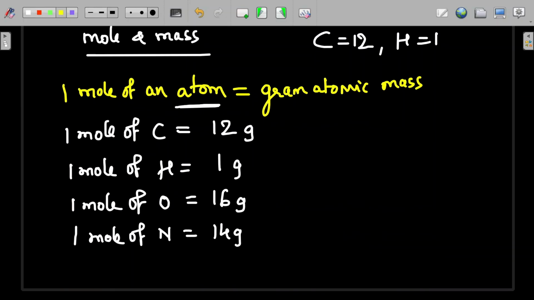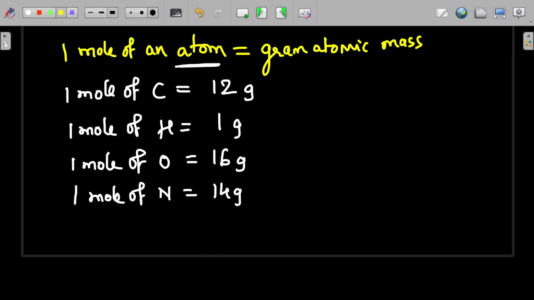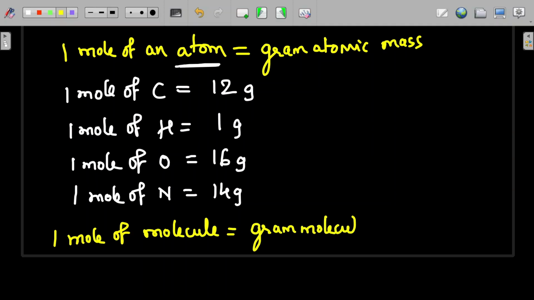Now, if instead of atom they give you a molecule, what will you do? You will equate it to whatever the molecular mass is, but in grams. 1 mole of a molecule will be how much mass? It will be the gram molecular mass.